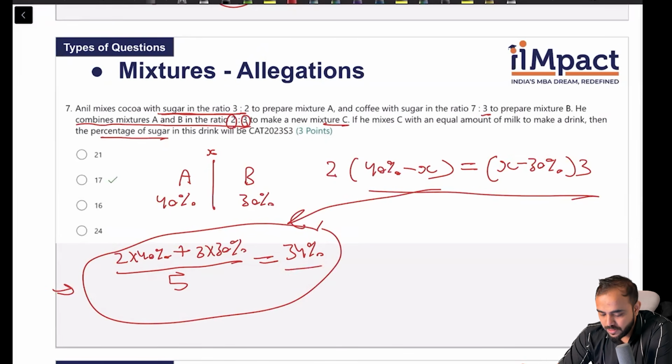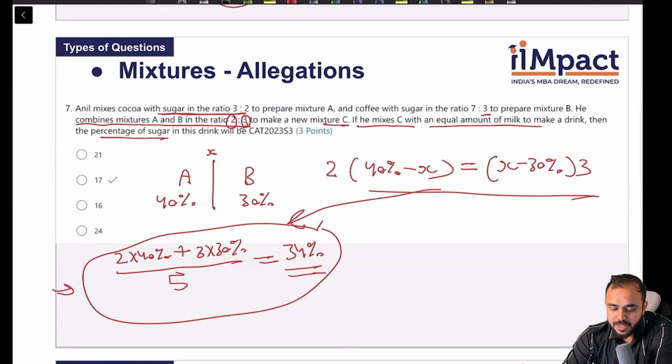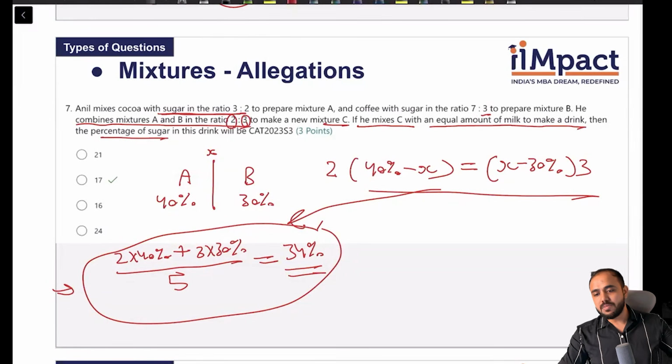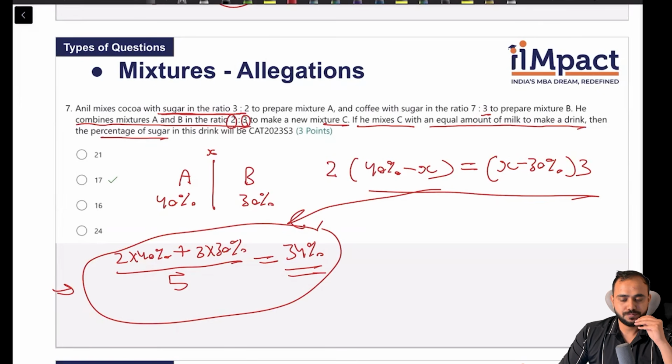Now once you have this 34%, he mixes C with an equal amount of milk to make a drink. So if you add the same amount of volume to something, are you essentially diluting it by half?